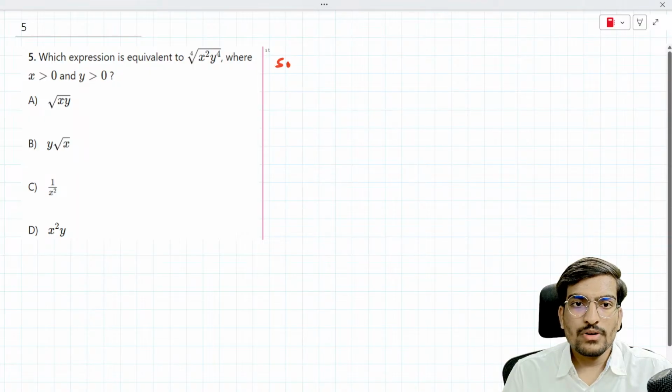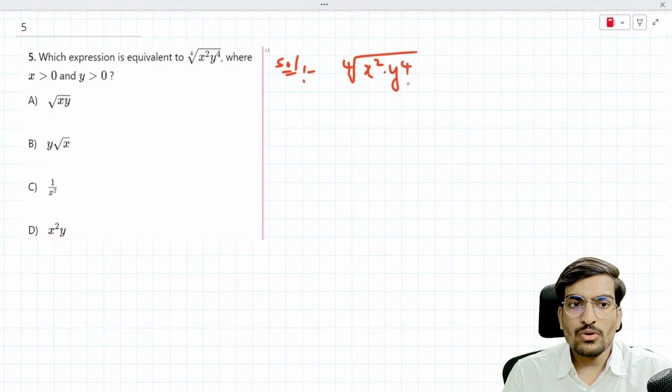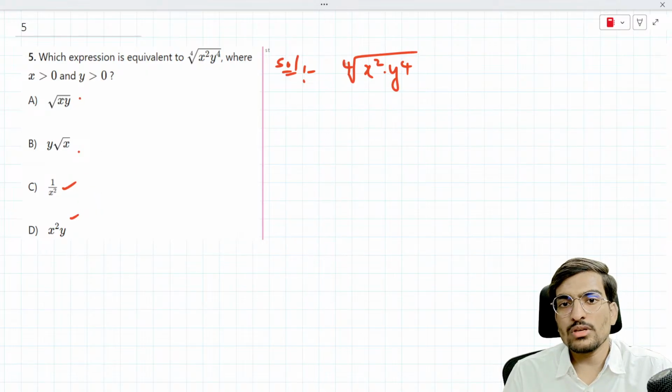Question number 5. Which expression is equivalent to the 4th root of x square y raised to the power of 4, where x is greater than 0 and y is greater than 0? Here a few options don't have a root, but a few do. So let's try to remove the root.